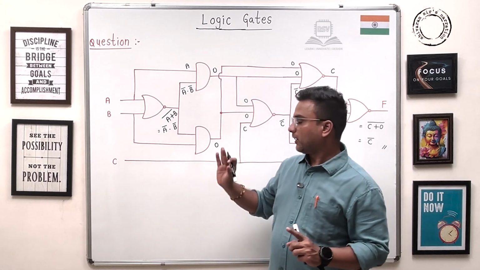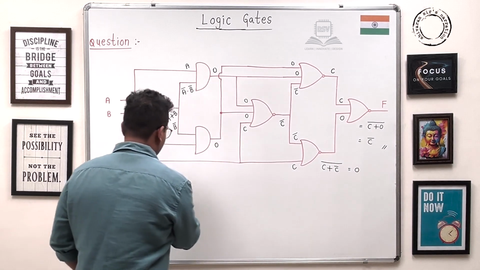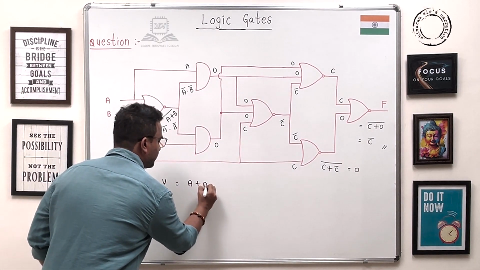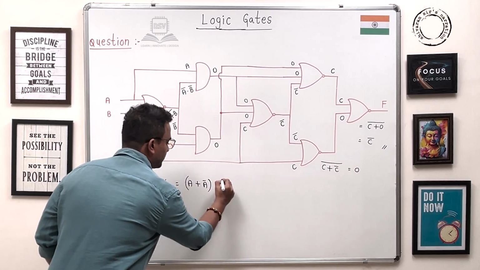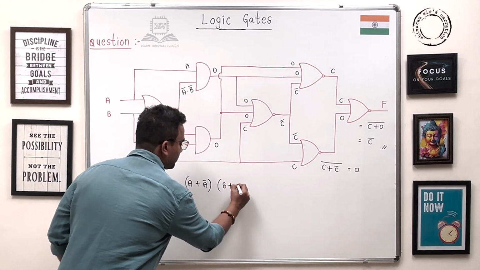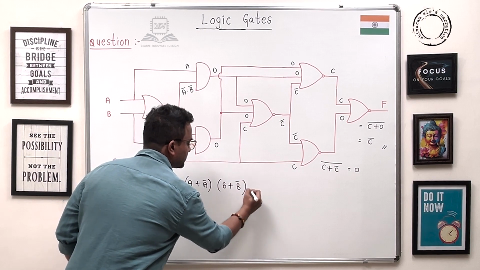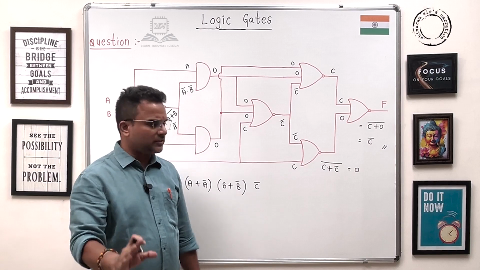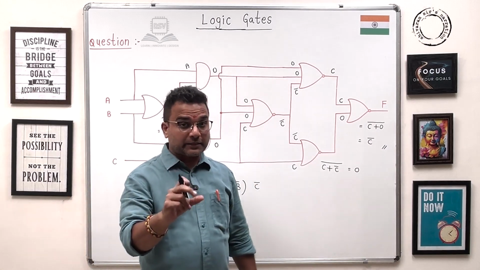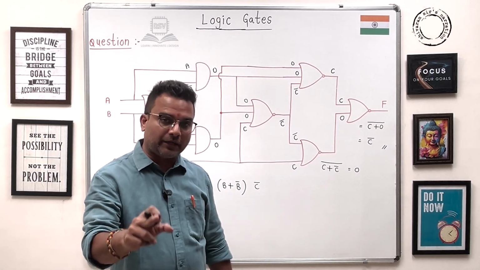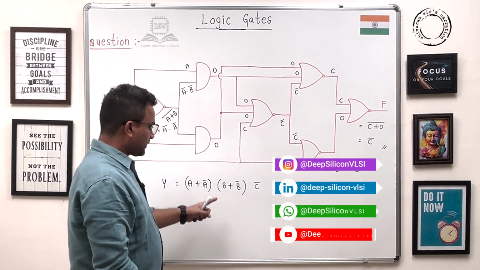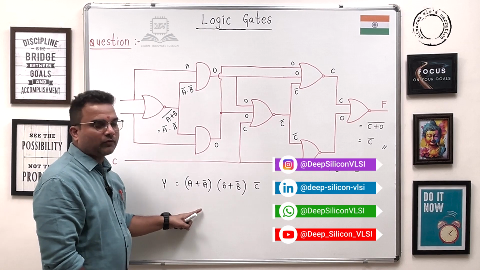Hence, here you can rewrite it as y equals (a plus a bar) into (b plus b bar) into C bar. See, if the Boolean function is C bar only, and they are expecting the answer in terms of minterms, sigma m of like that, then you need to convert it into canonical form.